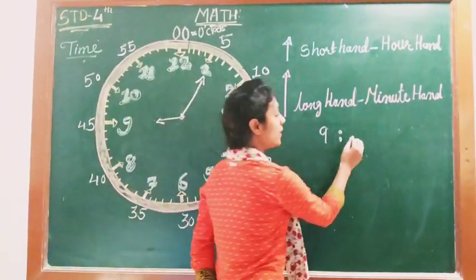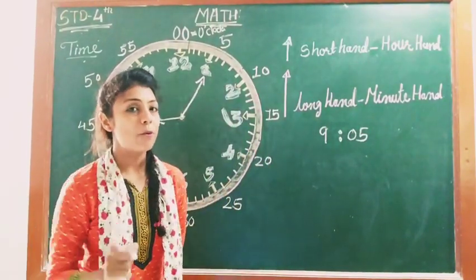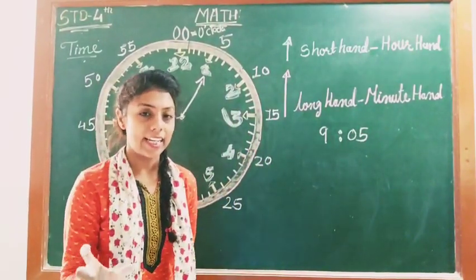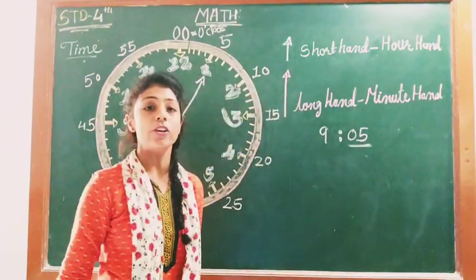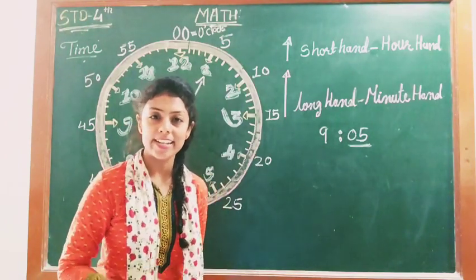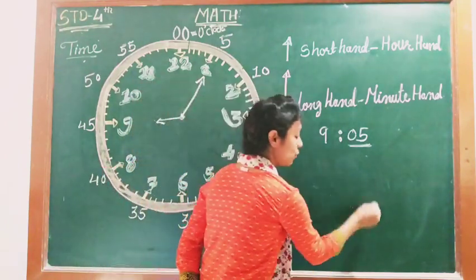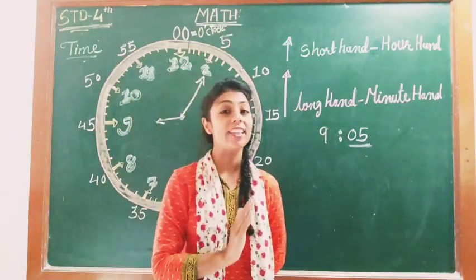So we will write here 0, 5. Keep in your mind that in time, minutes always have 2 digits. Minutes have 2 digits, like meter and centimeter. 1 meter has 100 centimeters. So centimeter takes the last 2 digits. In kilogram and gram, 1 kilogram is 1000 gram.